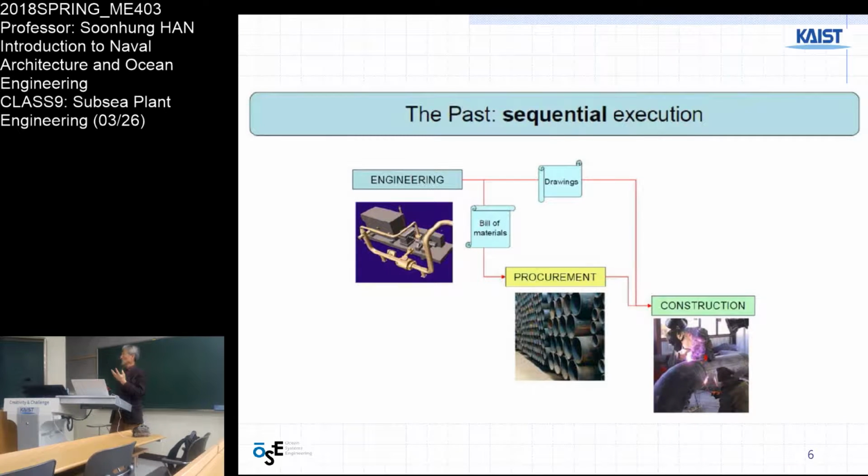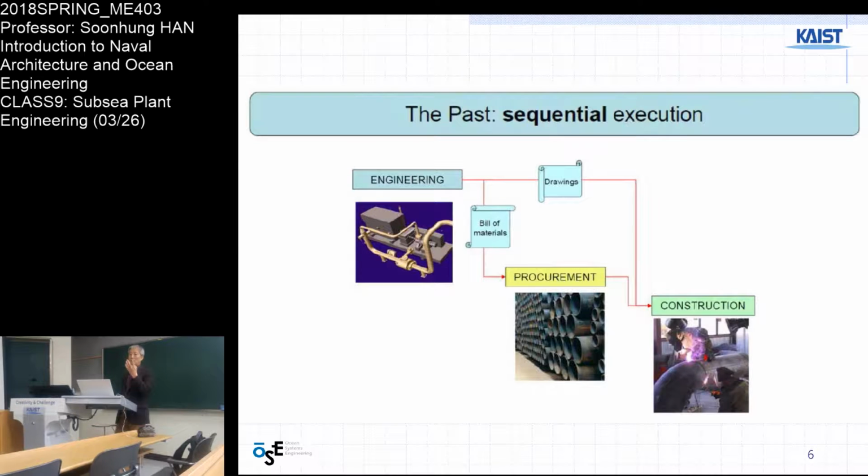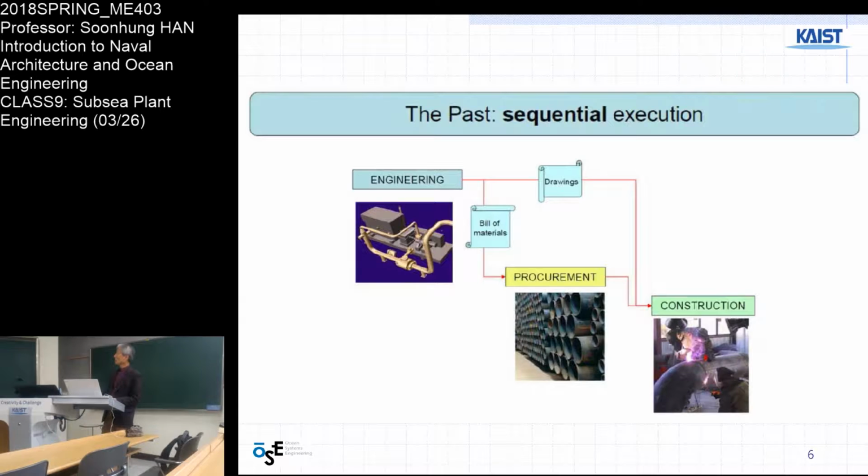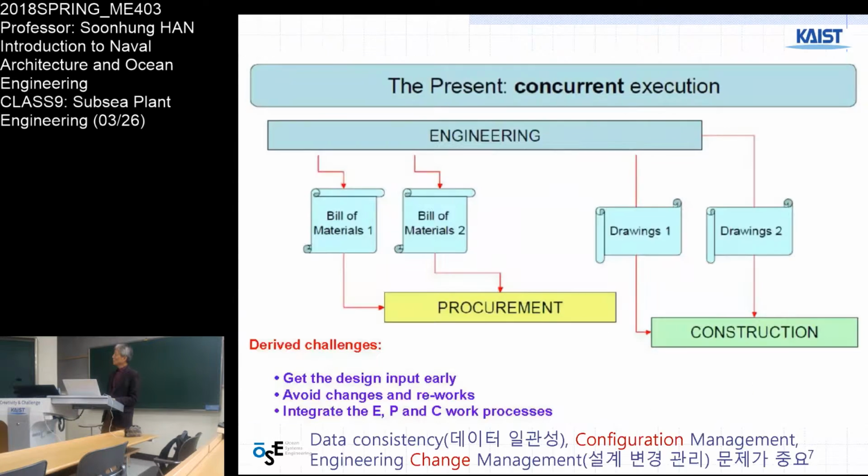So here again, they need to consider cost, time, and quality altogether. At the proper time, the part should arrive at construction or manufacturing with good quality and good cost. But they want to start concurrent execution before designing ends.